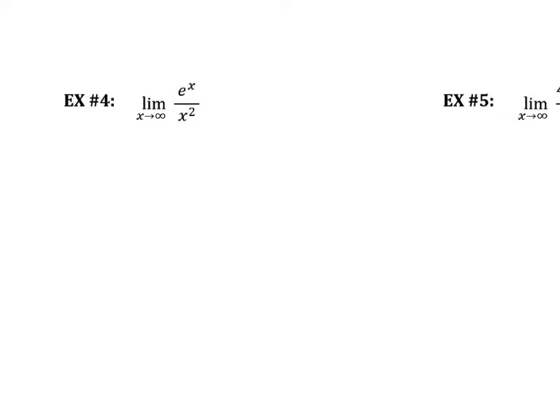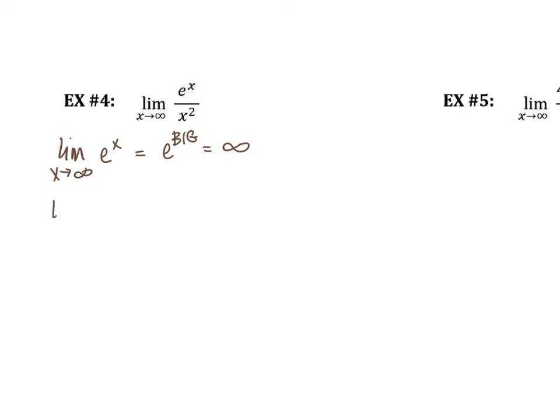Okay, for our next problem, notice that x is now approaching infinity. And if we were to look at each individual part of this, we're going to see that the limit as x approaches infinity of e to the x, that's going to give us e to a really big number. And so we're going to say that that is approaching infinity for sure.